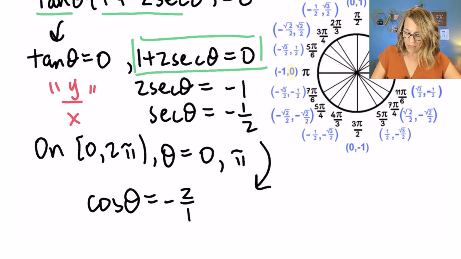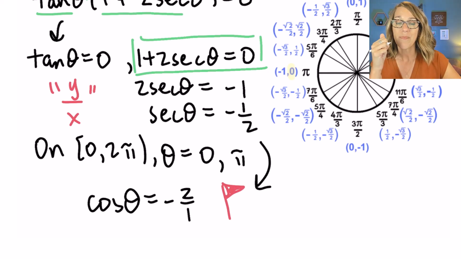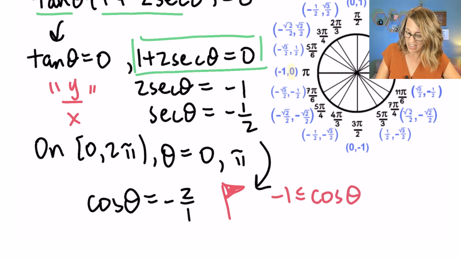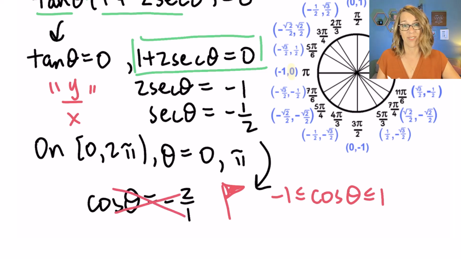Now, hopefully a big red flag flashes right in front of your eyes here, because this isn't possible. My cosine values, those are fractions that I get off of my unit circle. My cosine value can only be between negative 1 and positive 1, so the cosine of theta cannot equal negative 2.